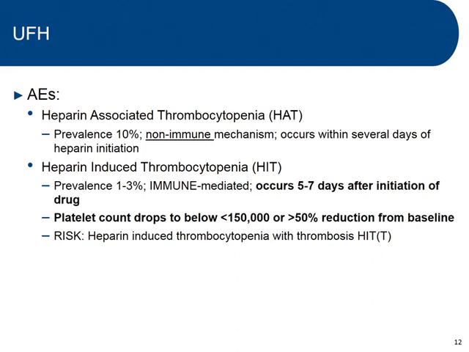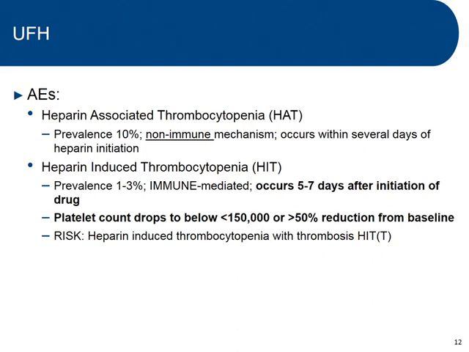Now, as I said, there is a second type of thrombocytopenia, heparin-induced thrombocytopenia, or HIT, which I'll refer to for the remainder of the lecture. This occurs in about 1 to 3% of patients. It is immune-mediated, as I mentioned. It usually occurs about 5 to 7 days after the drug is started, and it's very serious.